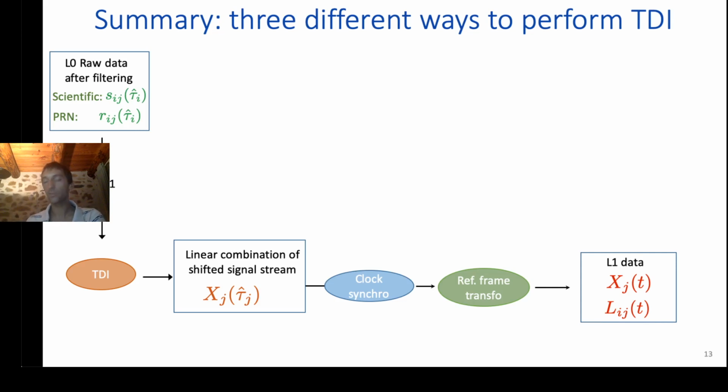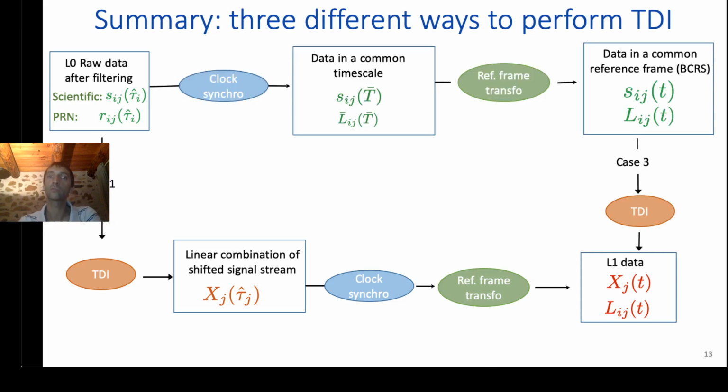The other extreme is when you perform the TDI after the clock synchronization and the reference frame transformation. You start by synchronizing your clocks, and you express everything in terms of a common time scale that is denoted here by bar big tau.